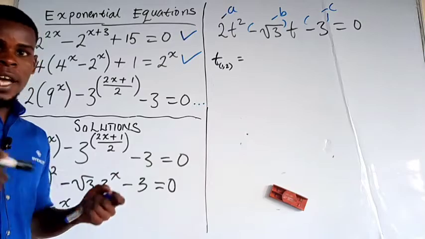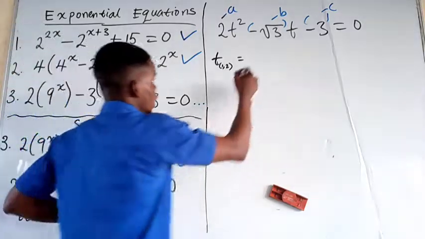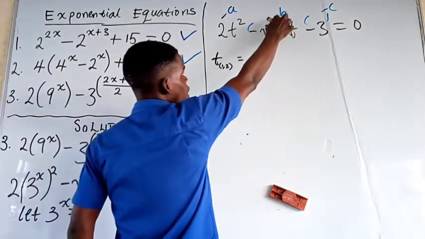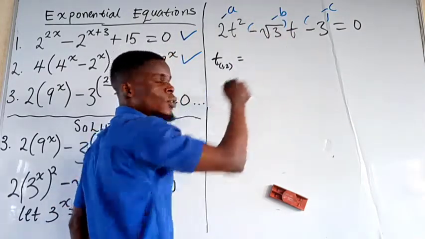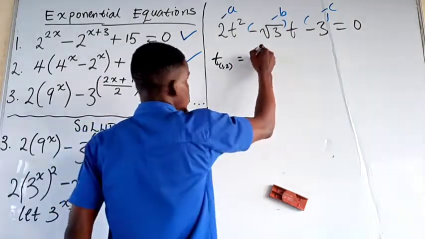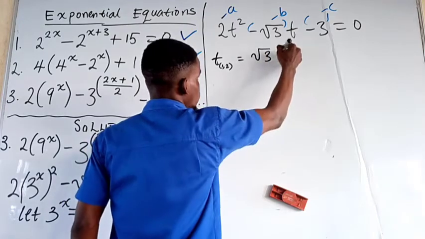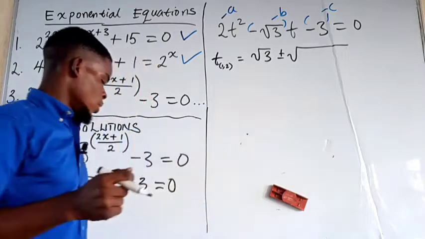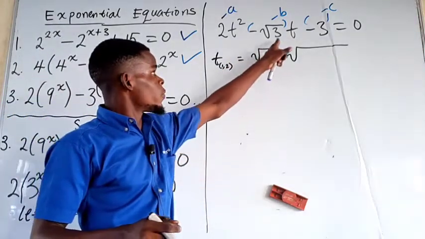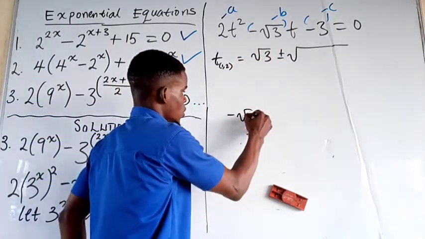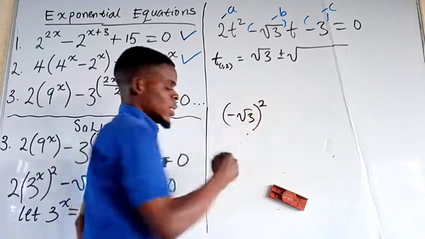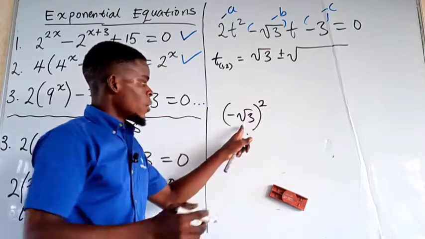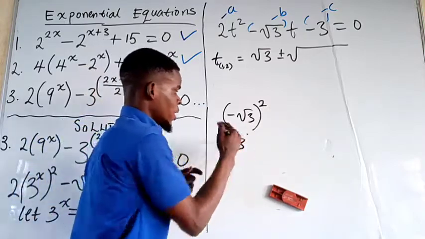So in the formula, we have negative b. B alone is negative root 3. So negative of negative root 3 will be positive root 3, right? Plus or minus the square root of b squared. So we have negative root 3 squared, that is b squared. In fact, negative squared will become positive. Root 3 squared will become 3, right?